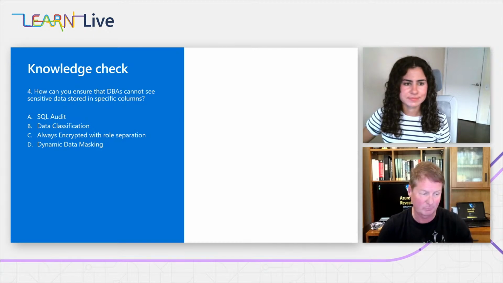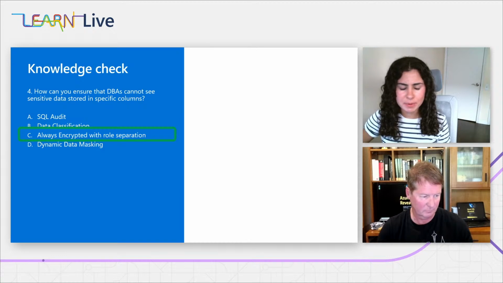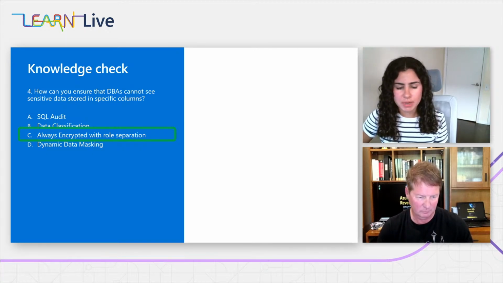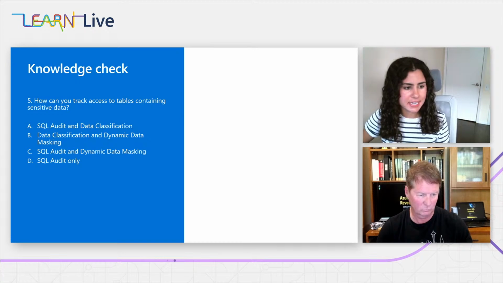So I would say C. Awesome. Yep, that is true. Some people might get tripped up by dynamic data masking, but I think you covered why that won't work, right? Good job.